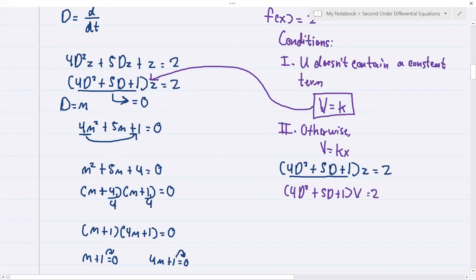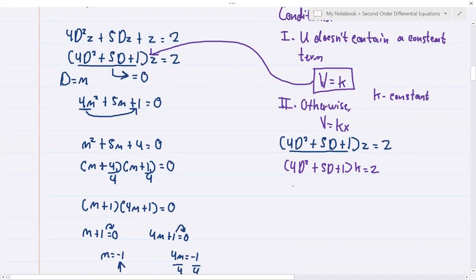Remember that your v is equal to k. By the way, remember that your k is a constant. It is a letter, but it is constant. Now we will distribute your k to this expression. So we will have 4D squared of k plus 5D of k plus k is equal to 2.